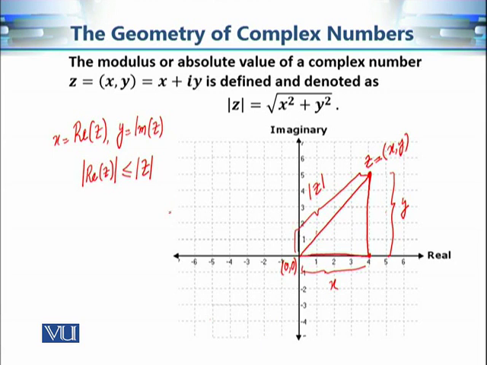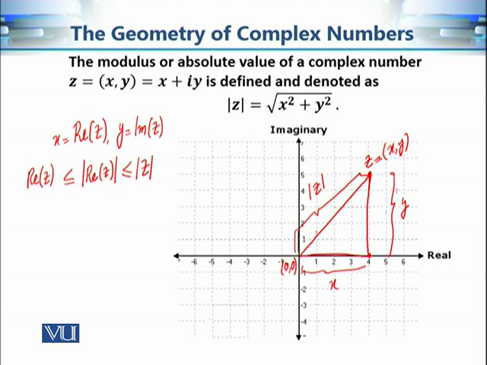Now we also know that since the real part of z is a real number, a real number is less than or equal to its absolute value, so we can say that the real part of z is less than or equal to the mod of the real part of z, which is less than or equal to the modulus of z.